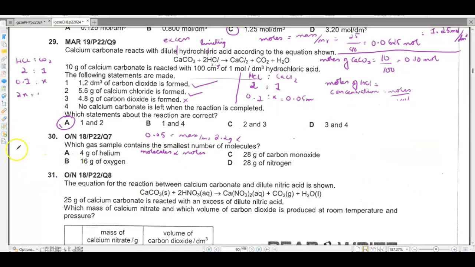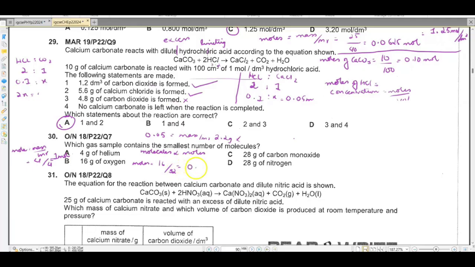In order to find moles for helium, we will do moles is equal to mass over Mr. So mass is 4 and the Mr for helium is also 4. So this is going to give us 1. To find how many moles there are in 16 grams of oxygen, moles is equal to mass 16, and oxygen is O2, so Mr is 32.